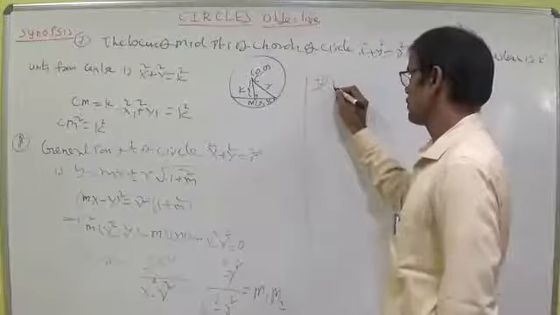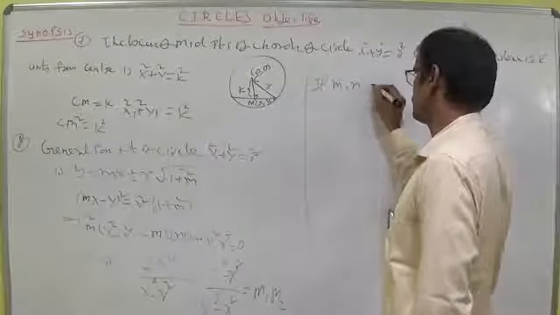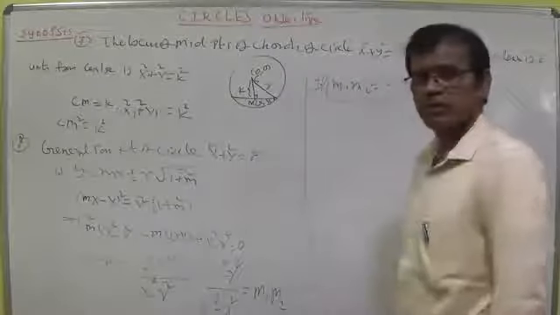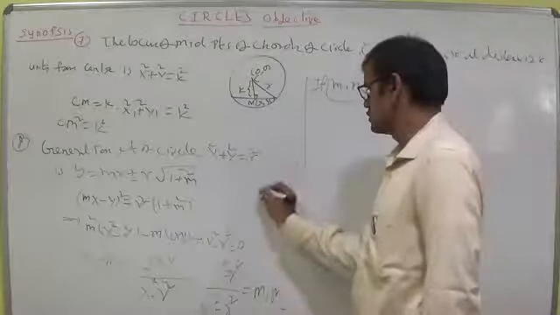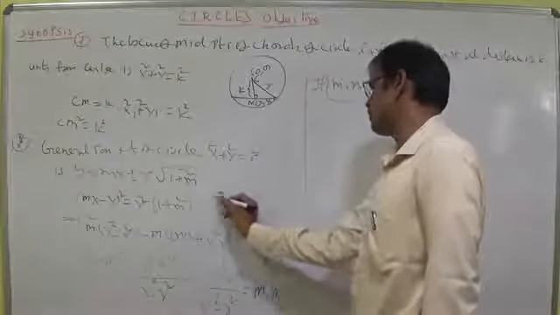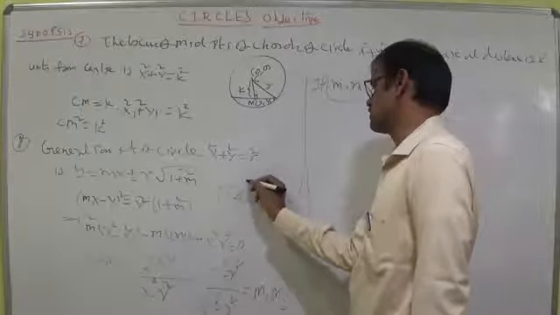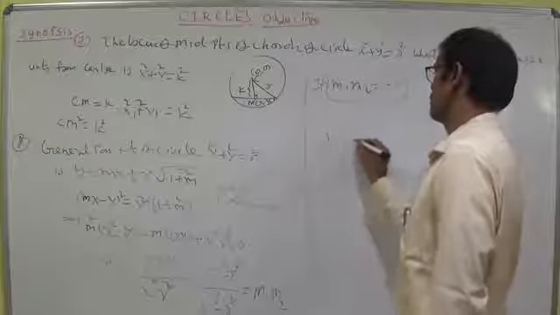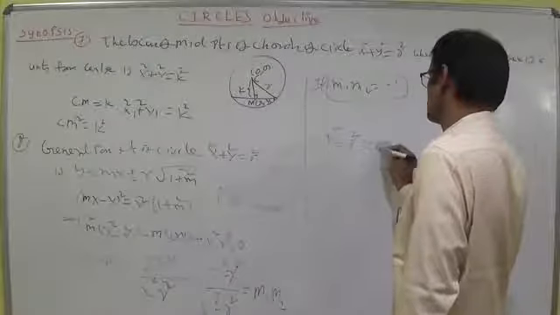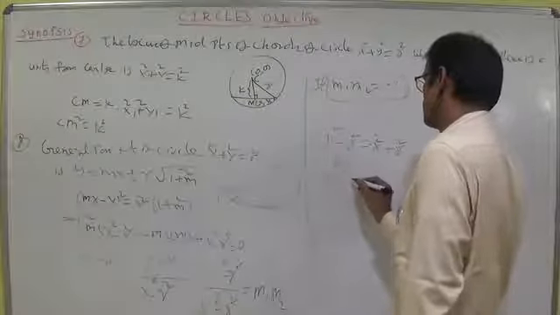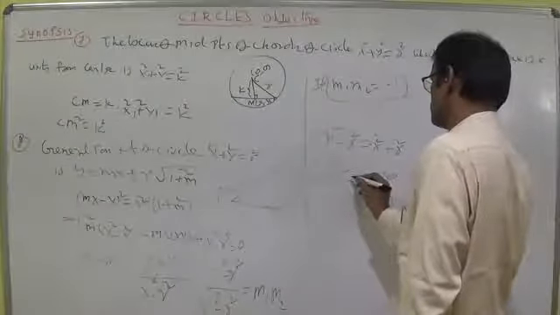If m1 m2 is equal to minus 1, that means the tangents are perpendicular. If two tangents are drawn from P(x1, y1) and are perpendicular, then m1 m2 is equal to minus 1, so y square minus r square is equal to minus x square plus r square. So it can be written as x square plus y square is equal to 2r square.